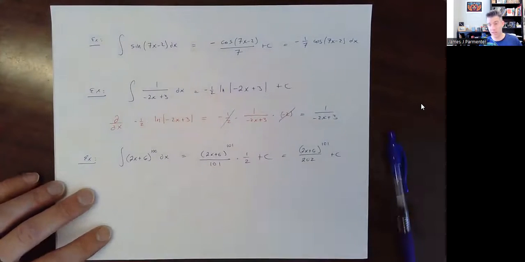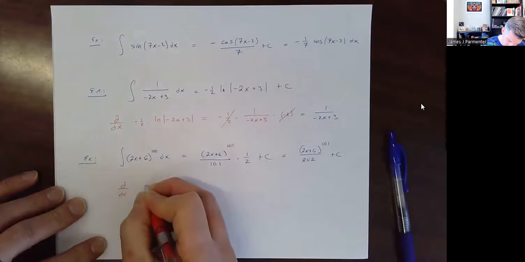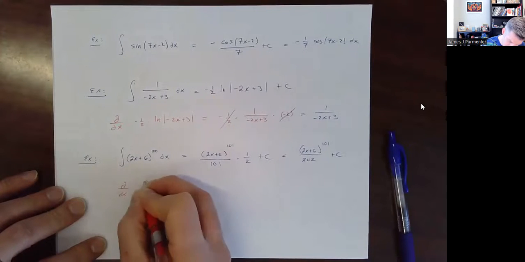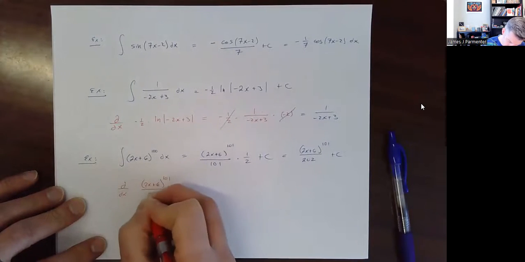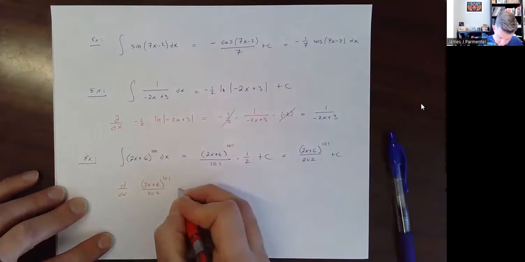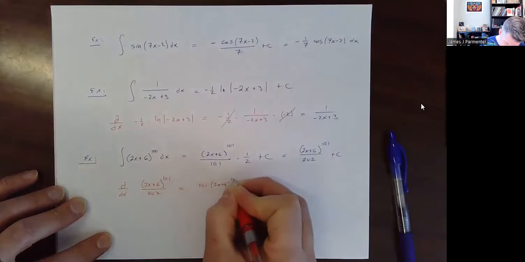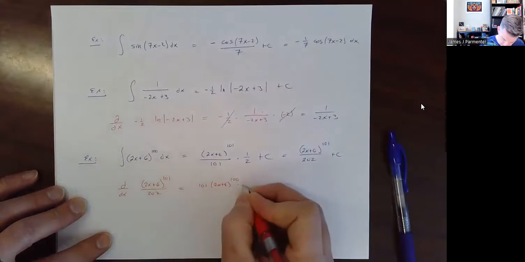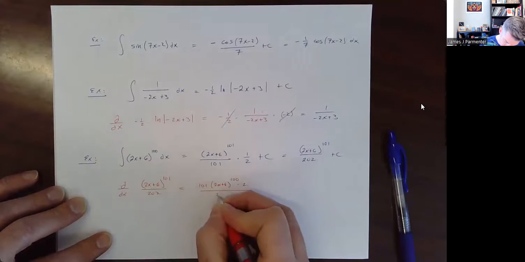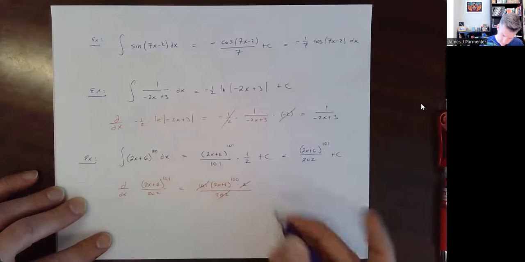Now, if you were going to check this, you shouldn't use the quotient rule. The derivative of a fraction where the denominator is just a constant, I would just say it's 101 times 2x plus 6 to the 100th power times the derivative of 2x plus 6, which is 2, all over 202. And then, oh yeah, exactly, 202 cancels 202.